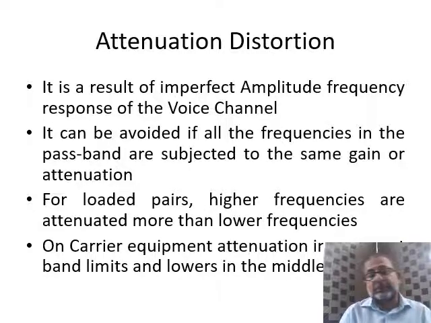If the transmission media does not have the same effect on all the frequencies as far as attenuation is concerned, then we will have attenuation distortion. It means that if we have more attenuation for the higher frequencies and lesser attenuation for the lower frequencies, it would cause an attenuation distortion.